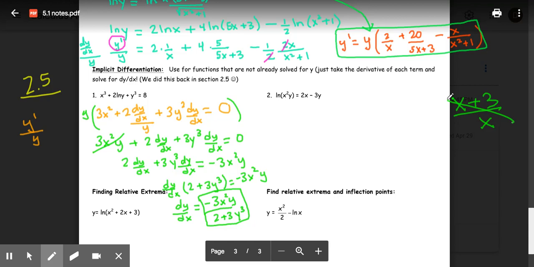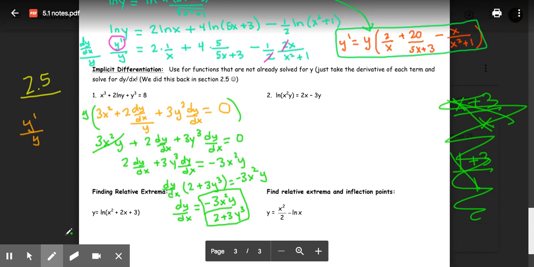You can't just cancel the x's and call that 3. That's like you saying this: 1 plus 3 over 1 is 3. No, it's 4. All right? So don't make up your own rules. When it's attached to something else by addition or subtraction, you can't just go canceling anytime you want. If it's attached by multiplication, yes, you can cancel.